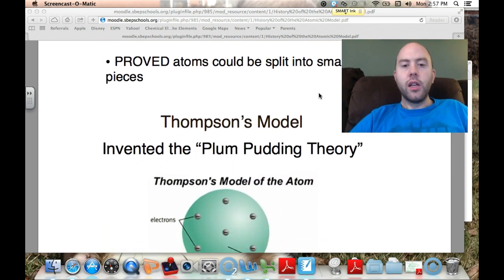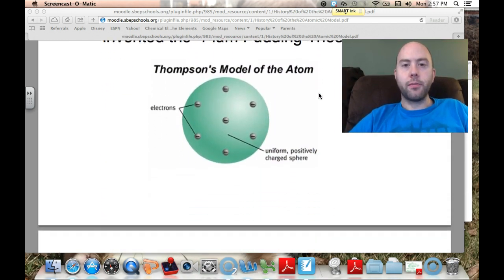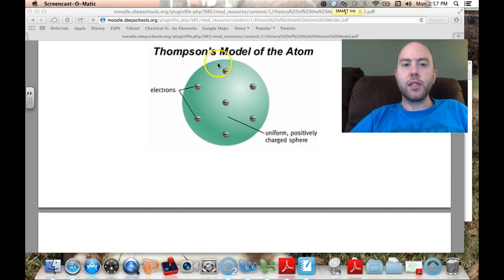His model is called the plum pudding model. Basically, you have a sphere of positive charge, which was the proton, a uniform positively charged sphere, then each electron, which had a negative charge. So in his day, plum pudding, you think of the pudding as the big positive blob of proton, and each plum was an electron.